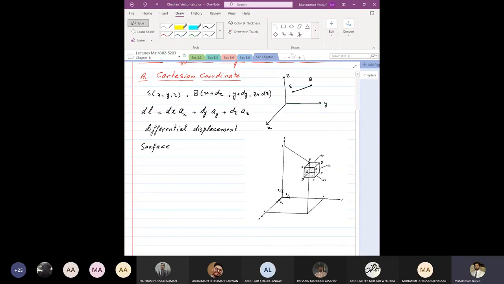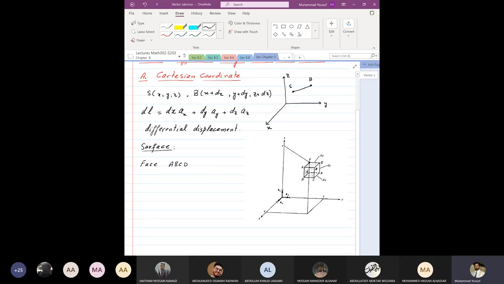Now, when the size of this cube or this box increases, let me ask you first, what is this face ABCD? Face ABCD is y multiply z.